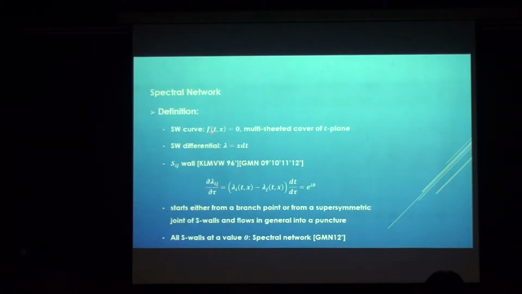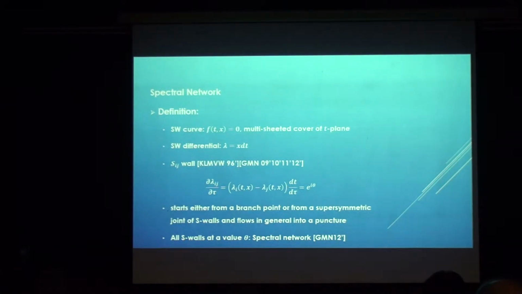The true definition requires a Seiberg-Witten curve. This Seiberg-Witten curve is a multi-sheeted cover of the t-plane. And on this t-plane, we have the Seiberg-Witten differential lambda equals x dt.